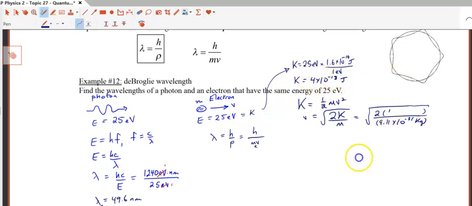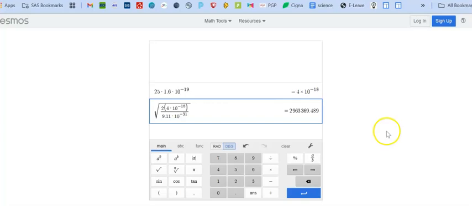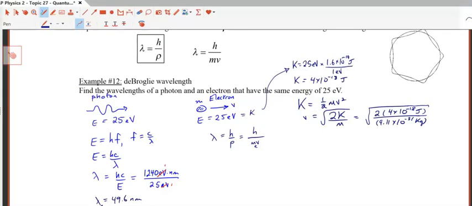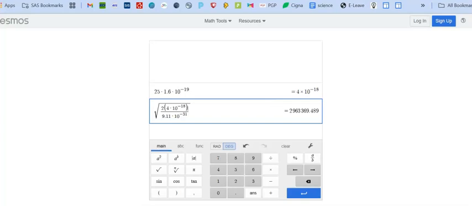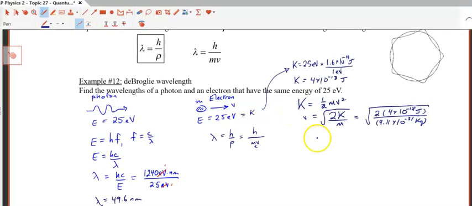And that's the energy that you need to plug into your kinetic energy formula. So I would get this answer of 2.96 times 10 to the power of 6 meters per second. That's less than the speed of light, so I know I'm doing things right.